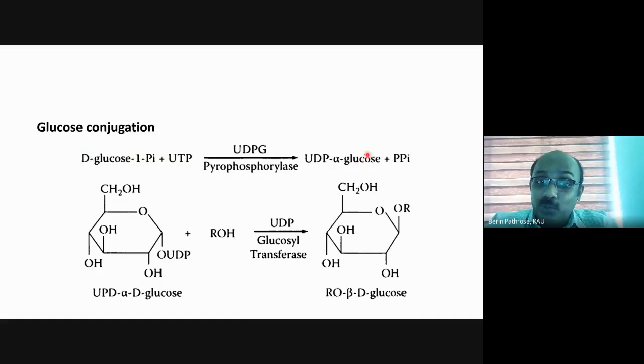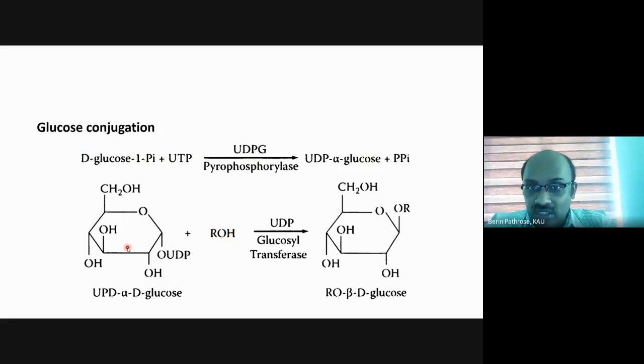And this UDP glucose reacts with the substrate or the pesticide. It is already hydrolyzed after the phase 1 reaction, so it is ROH. The substrate has a hydroxyl group.